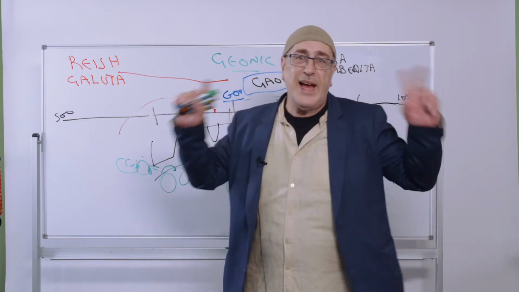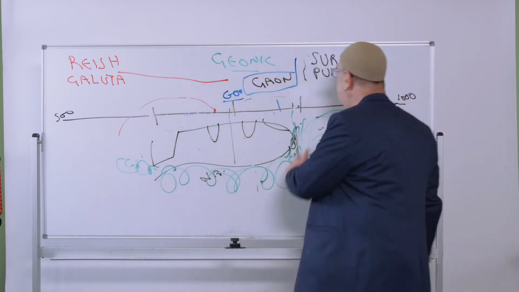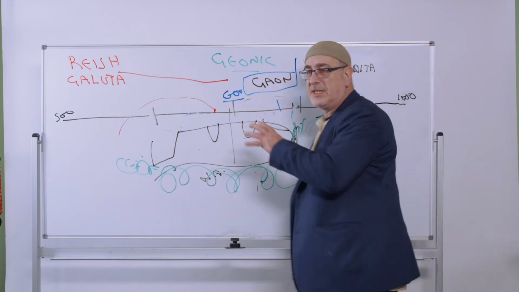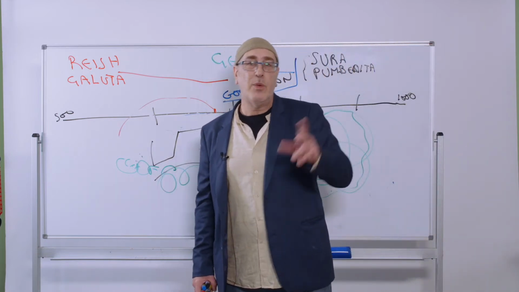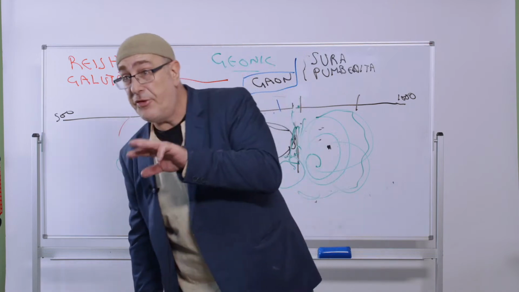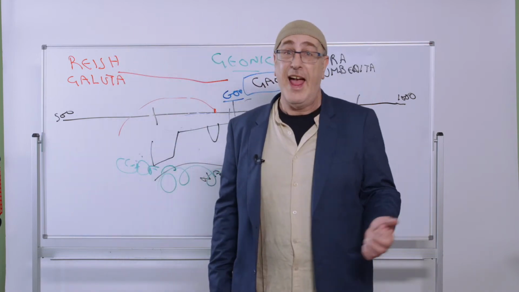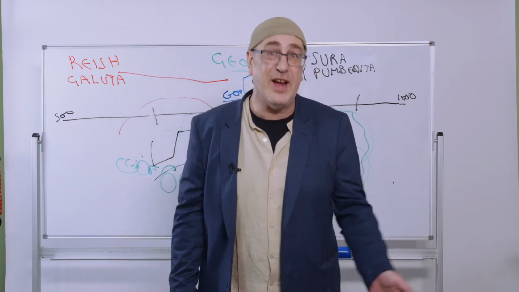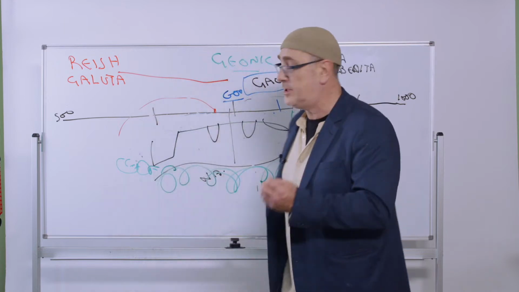But what is fascinating is that when Islam comes in, we have three different traditions of this, because we have a Jewish tradition, and a Sunni tradition, and a Shia tradition. We have Islamic traditions of this.